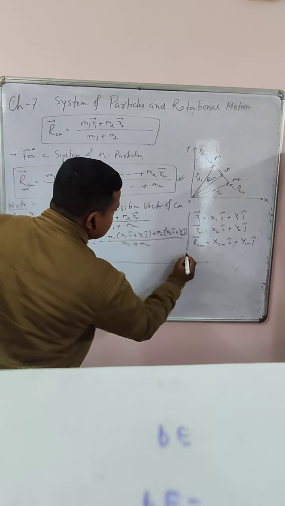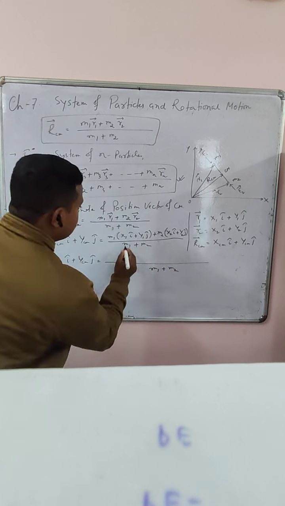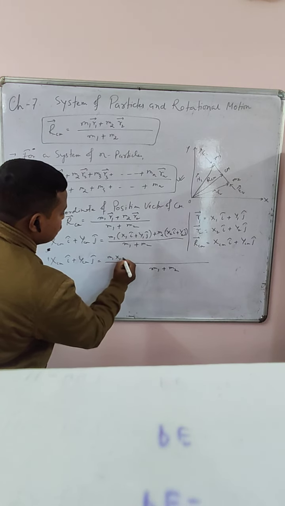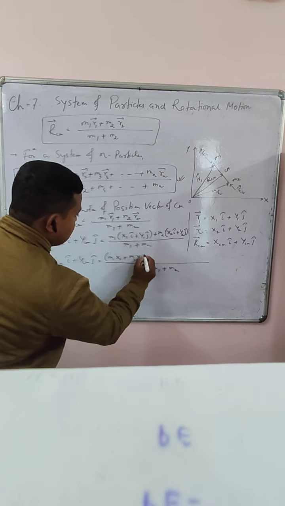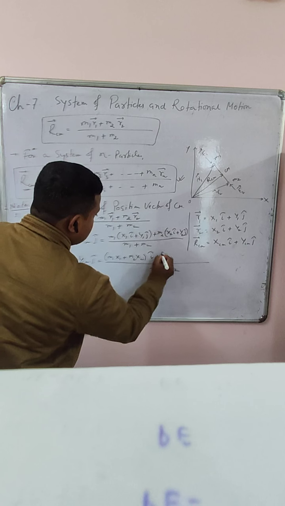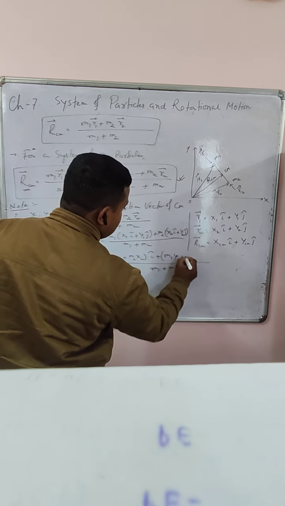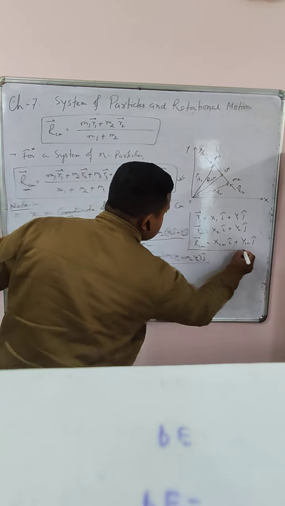So you can take common I cap: m1 x1 plus m2 x2 I cap, then you can write m1 y1 plus m2 y2 j cap.